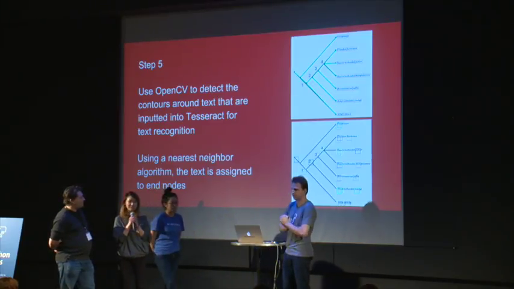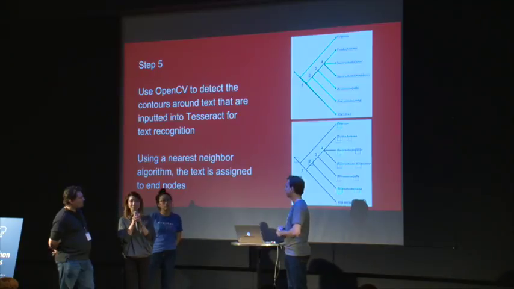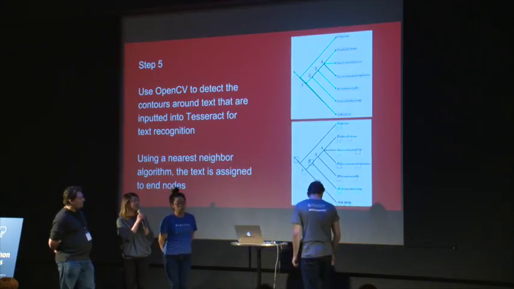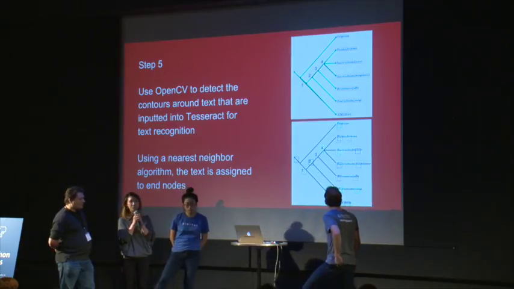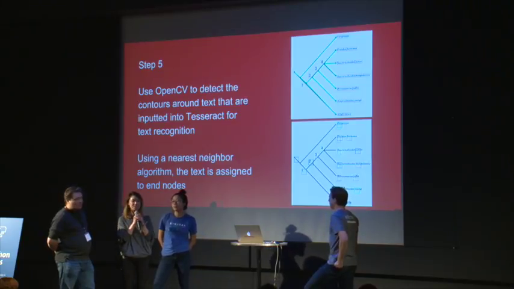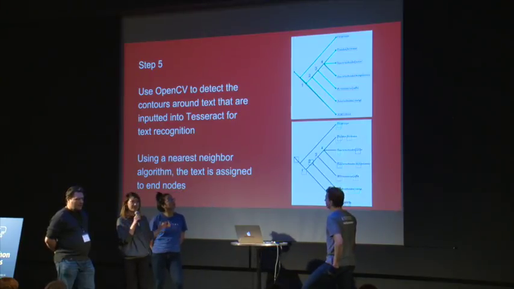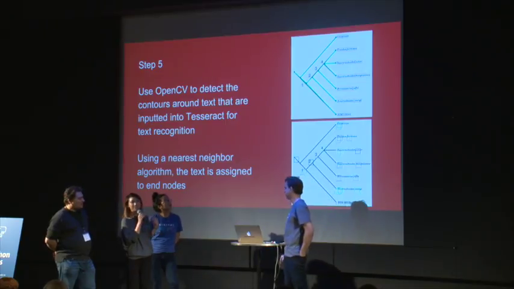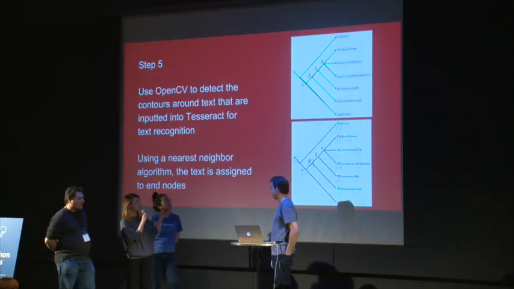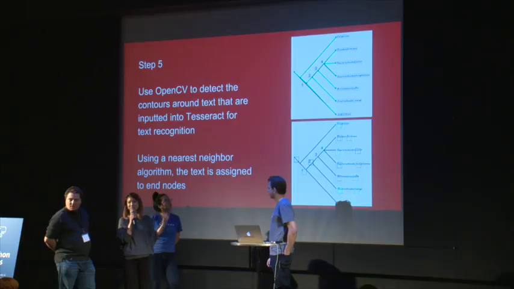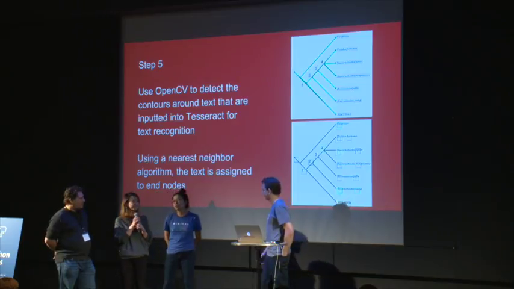The other group talked about this step, but once we have those nodes, we scrape the image for all the text. Tesseract is a really good program, but it works a lot better when you give it small images. So we take out individual words, pass them through Tesseract to get a better word, and then assign that back to the node using a nearest neighbor algorithm.